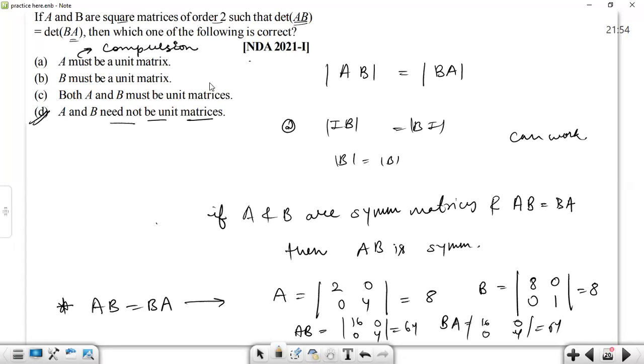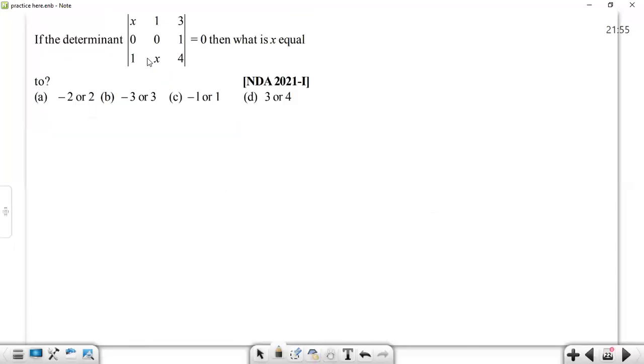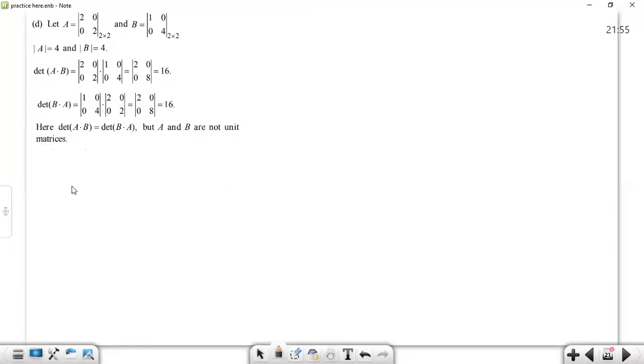So if the statement had said can, A can be a unit matrix, using can instead of must, then A can become the answer. So this is how nuances matter. Okay, let's move ahead to the next question. This is the correct answer. Yes.